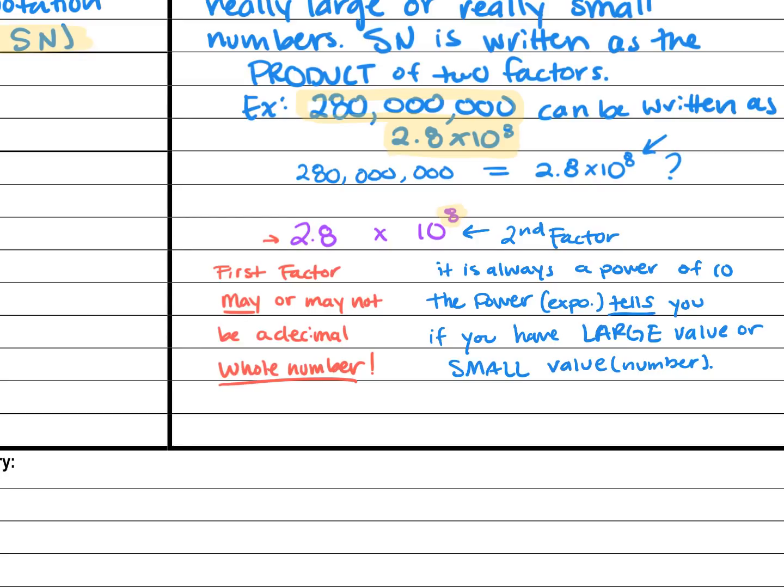If it's positive, so if it's a positive exponent, then that means large. And that means move to the right. You'll know what that means later. Okay, if it's a negative exponent, so if it was -8, okay, that means it's a small number.